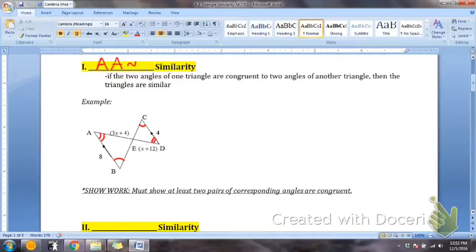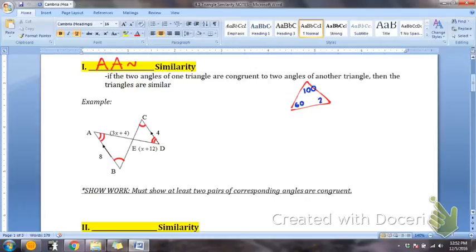Does anyone know why I only need 2 angles to match up? Okay, good, because it's angle, angle. But why do I only need 2 angles? Let's think about this. Because it says the 2 angles of one triangle are congruent to 2 angles of another triangle. Okay. The triangles are similar. So if this was 60, and this one was 100, I have used 160, right?